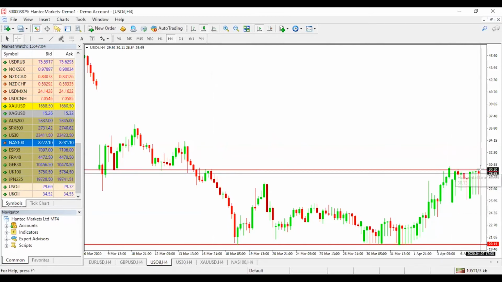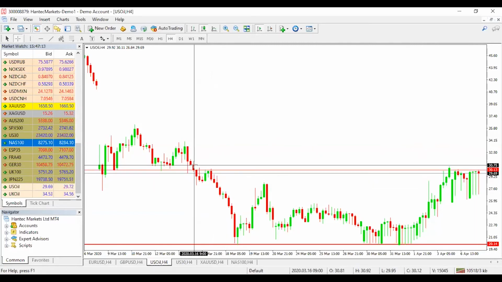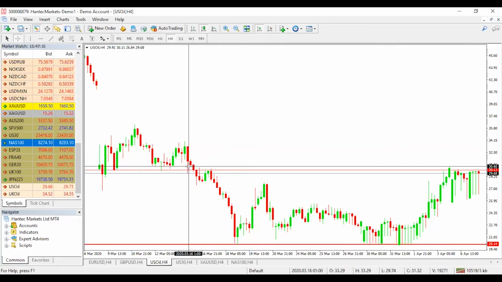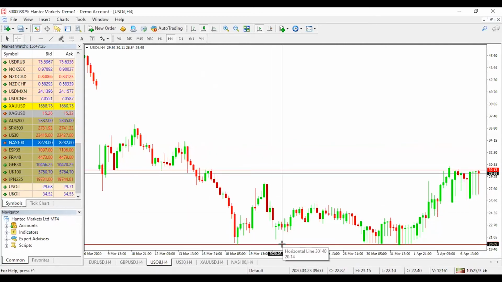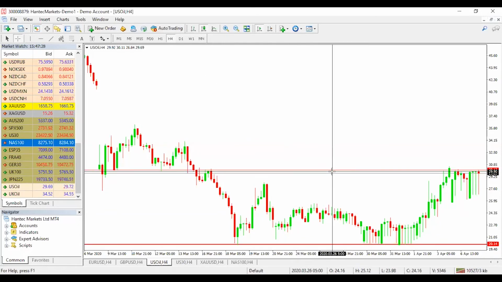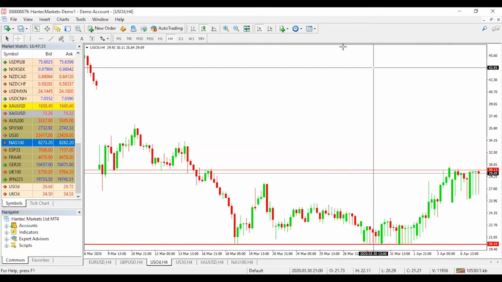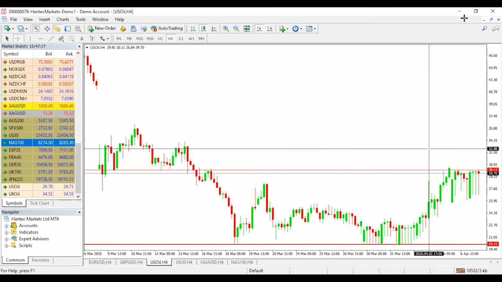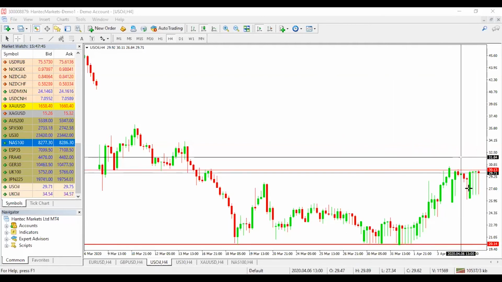It's clear to see that the price is having issues breaking through the $30 mark. The last time the price was above $30 was on the 16th of March. So we've gone almost 2 weeks, and we can see that this is the trading range. In between $20 and $30 is where the price of oil is fluctuating. So that is my resistance 1 and my support 1. This is my range, okay?